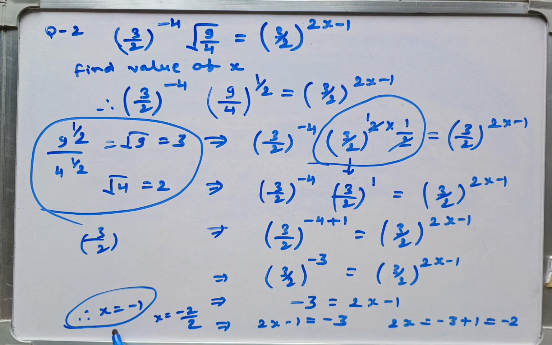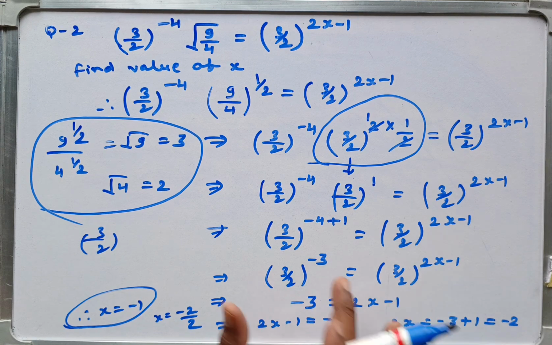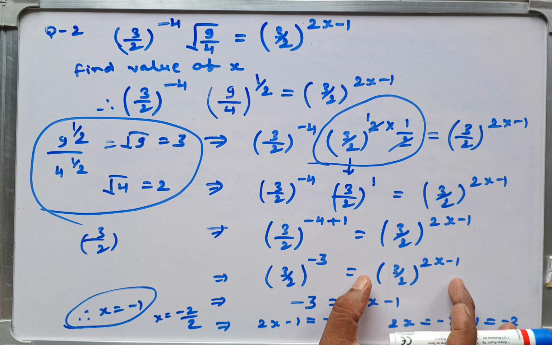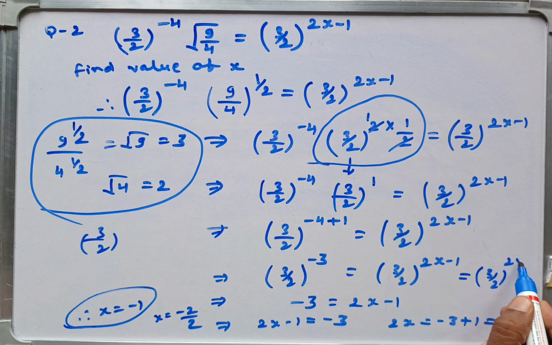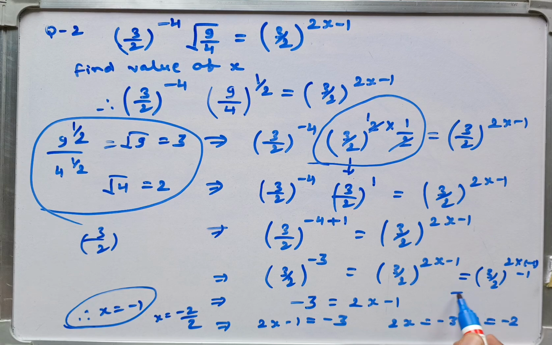We can verify whether our answer is correct or not. Since the bases are the same, check whether LHS equals RHS. If we put in (3 by 2) to the power of 2 into minus 1, then minus 1, what will come here is (3 by 2) to the power of minus 2 minus 1, so finally you can write it as (3 by 2) to the power of minus 3.